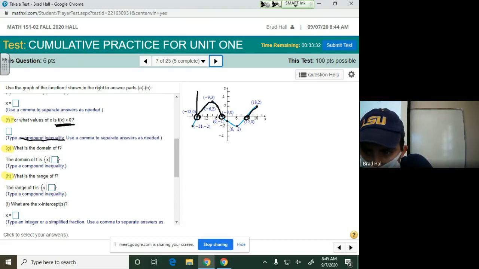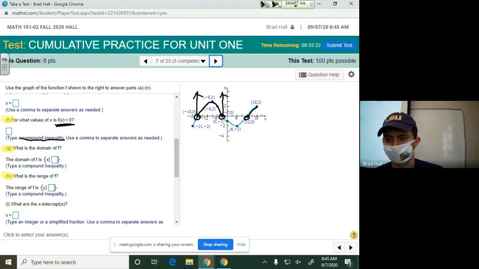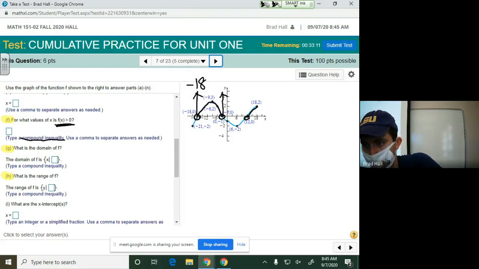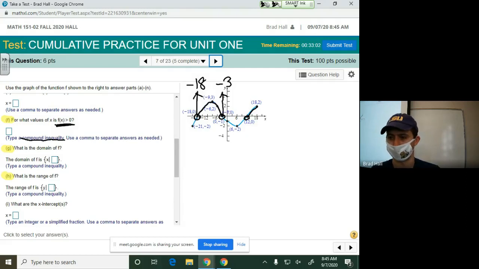So from over here, we need the x values of each one of those boundary points, each one of those ends. It looks like this one on the far left is -18. It's not -21. It's -18. And then the next one is -3. It's not zero. This graph is just a little bit of a pain.